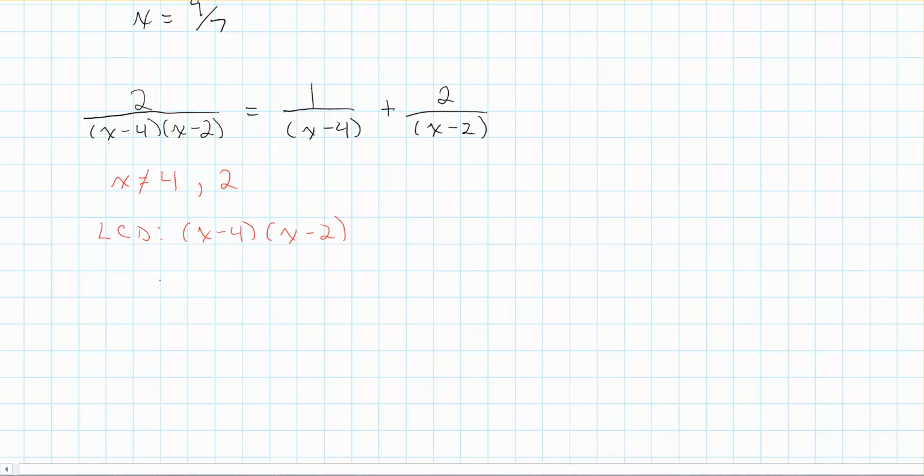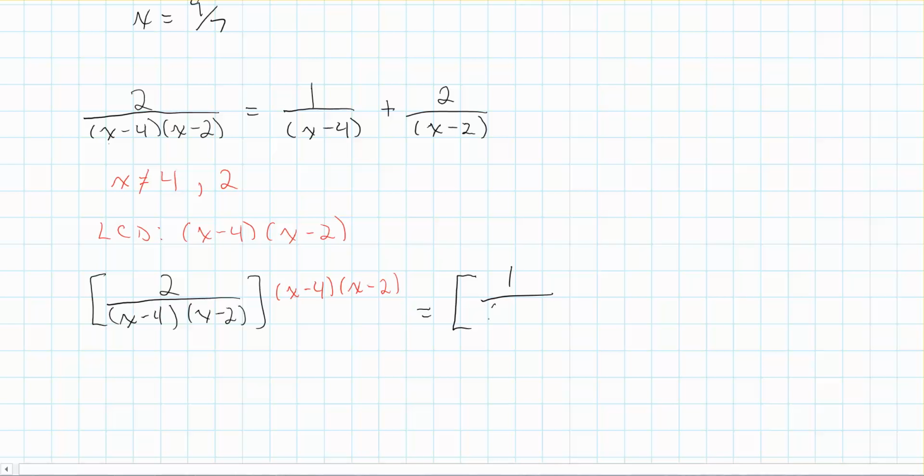So I'd have 2 over (x minus 4) times (x minus 2), and then this is going to get multiplied by (x minus 4) times (x minus 2). And then this is equal to 1 over (x minus 4) plus 2 over (x minus 2).